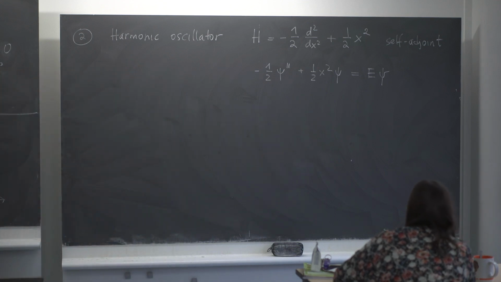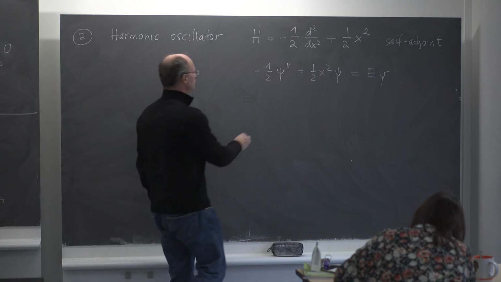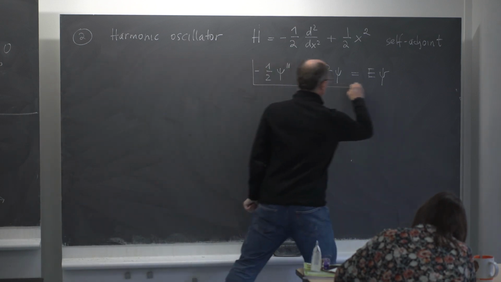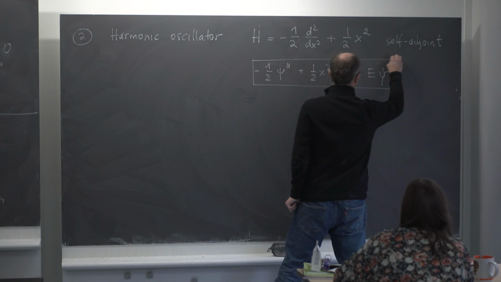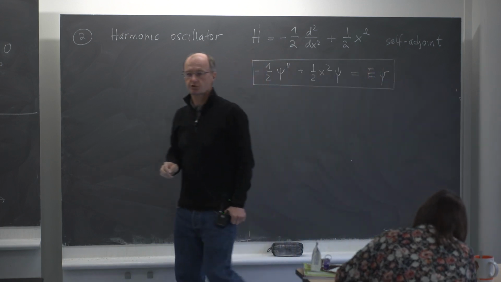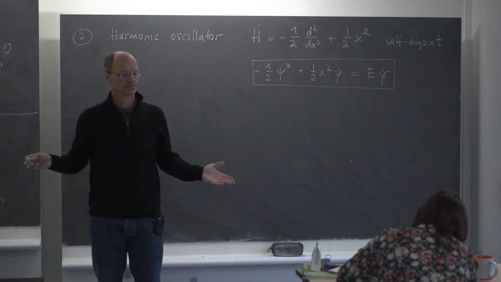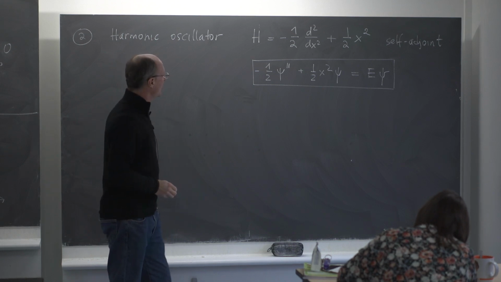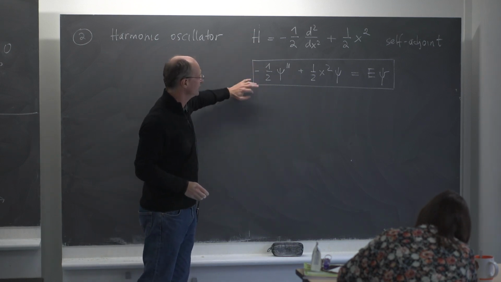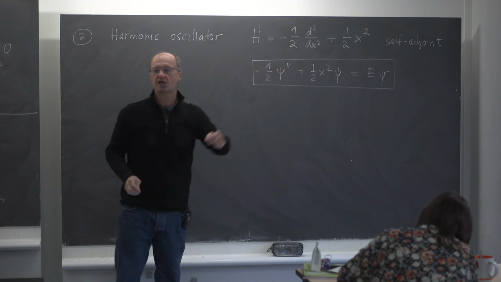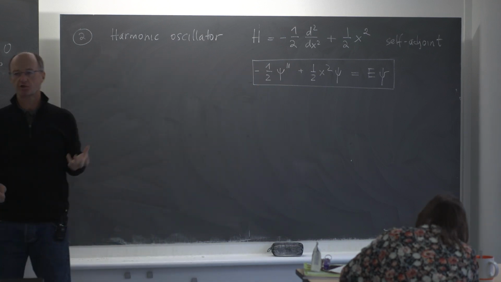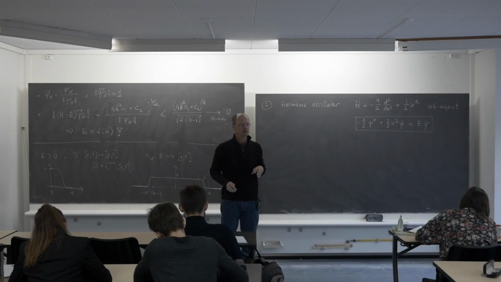Again, as before, the general story is that for every value of E, this equation has two linearly independent solutions. However, we'll now build a very exceptional set of solutions, and it will turn out that for the spectral theory, this will be sufficient.